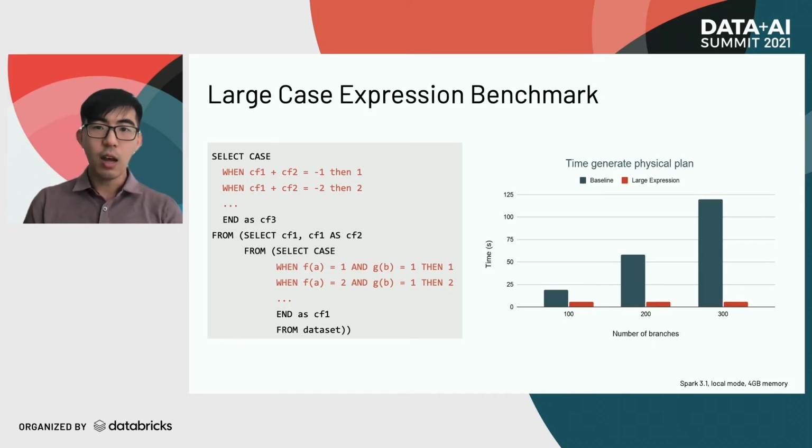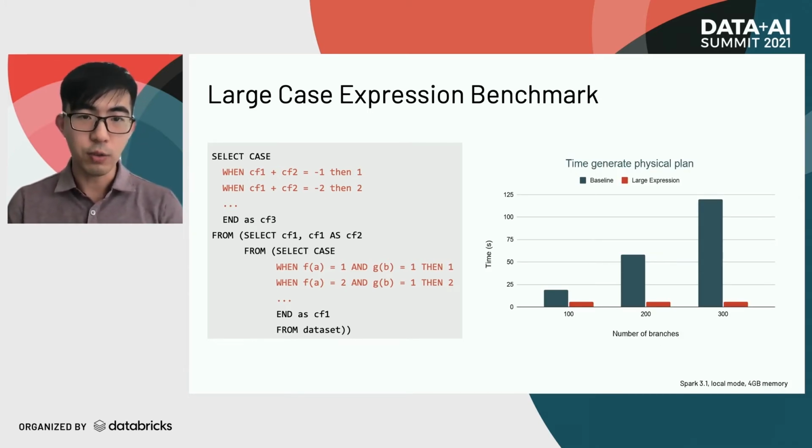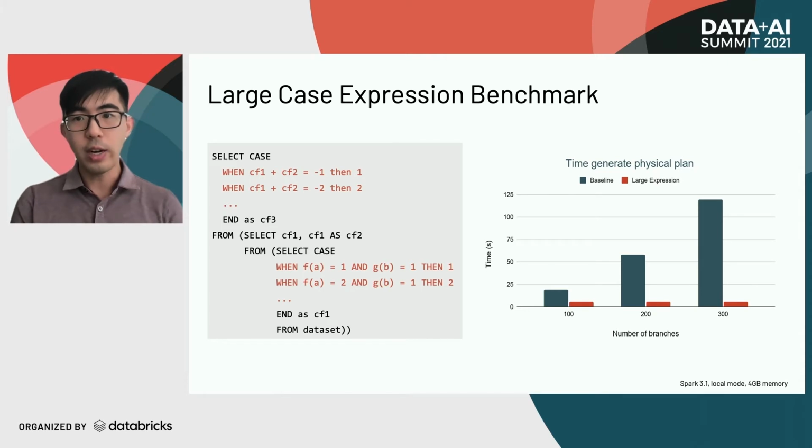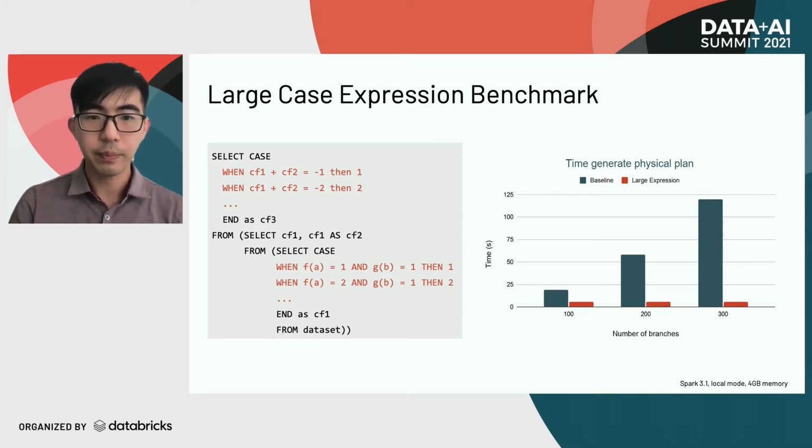And if you look at how performance ranges between before and after optimization, you see that with only 100, 200, 300 branches, the open source Spark way of approaching nested expressions quickly becomes not scalable. You can see that it must be some sort of exponential algorithm in here. Otherwise, you wouldn't have times start this bad.